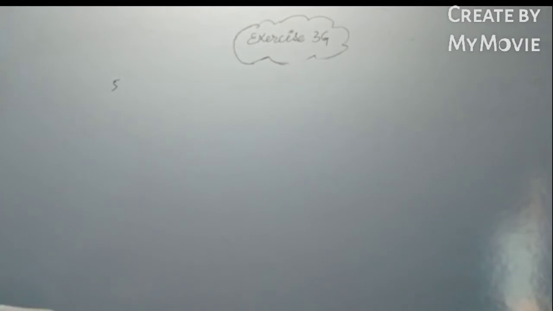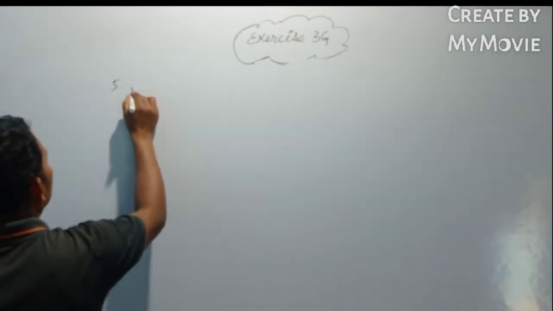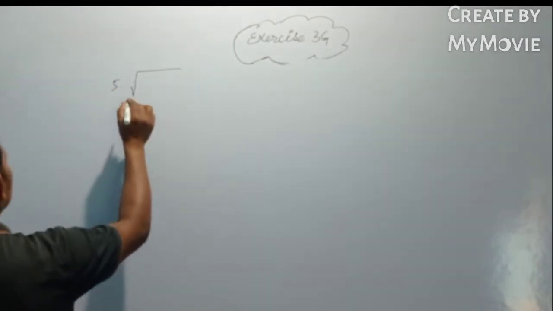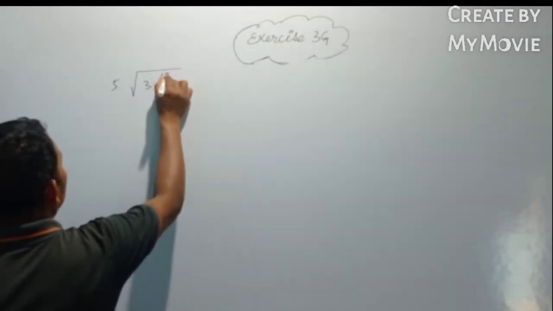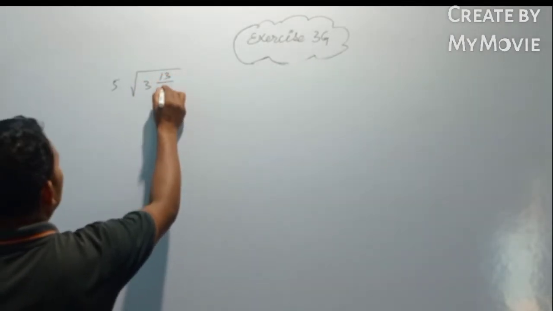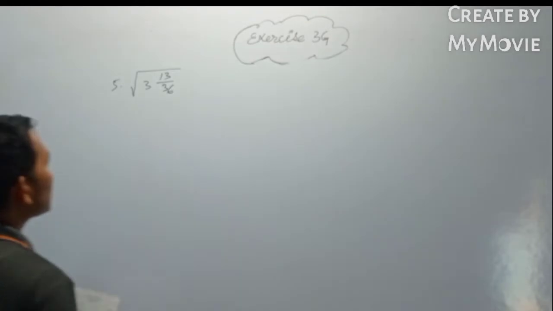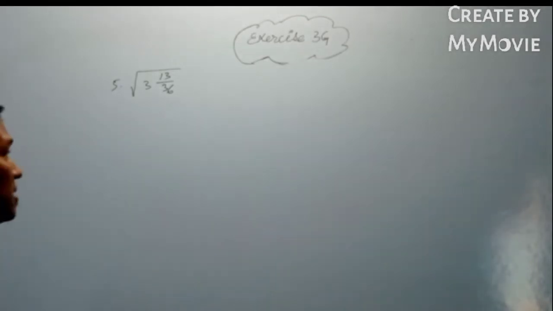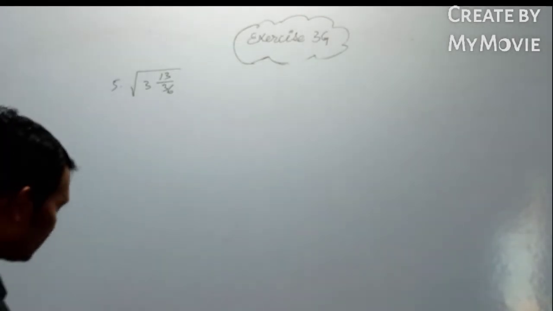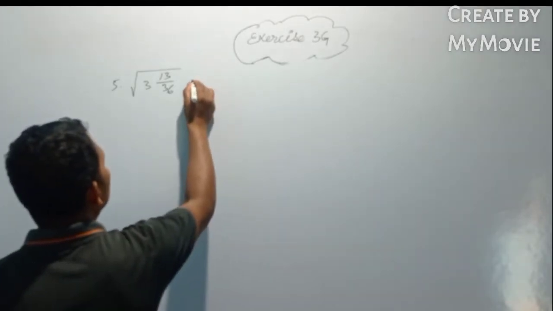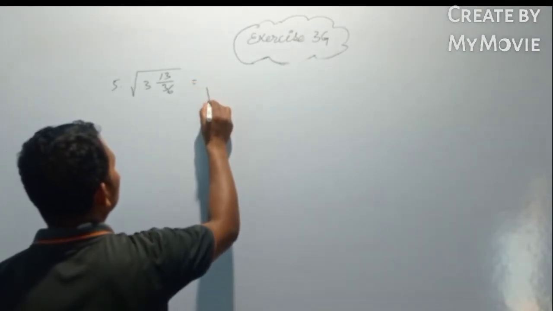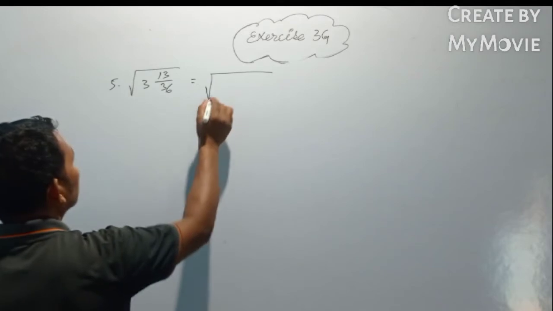It is a little different. Square root of 3 whole 13 by 36. It is a mixed fraction. You convert this first into a simple fraction. Convert the mixed fraction into a simple fraction.